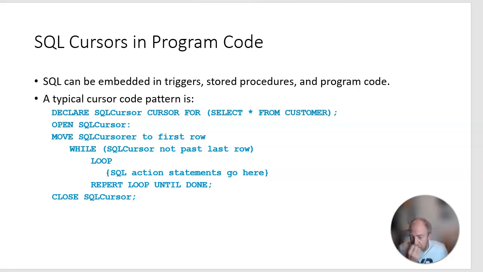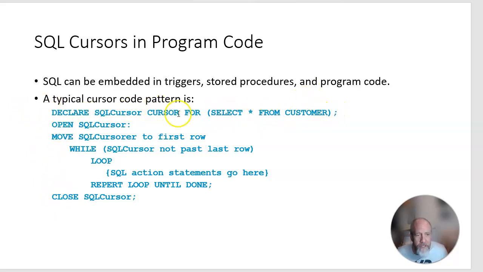Oftentimes we build these cursors and then we simply embed them inside of a SQL stored procedure, but they do also work in any SQL window. You can actually declare cursors and execute this piece. Notice, however, that this is procedural. This little first line is declarative.